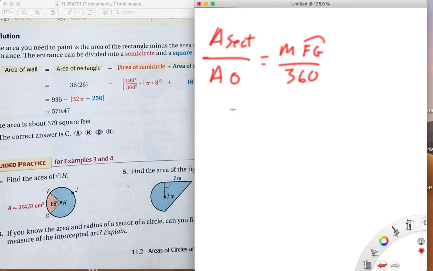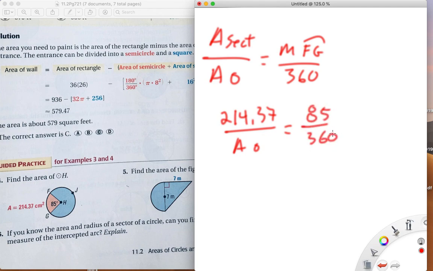So that's going to give me 214.37 over the area of the circle is equal to 85 over 360.